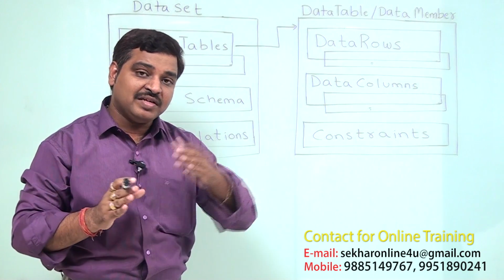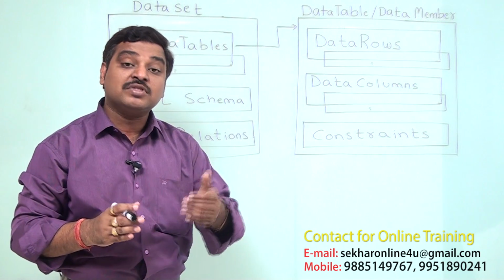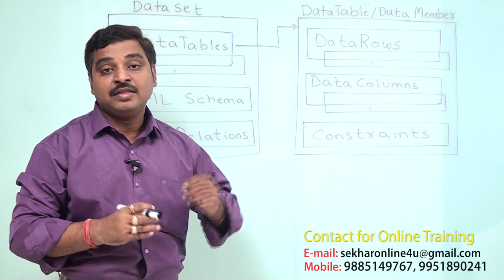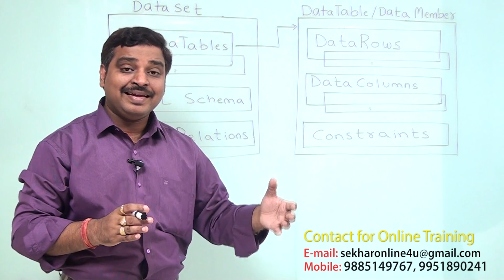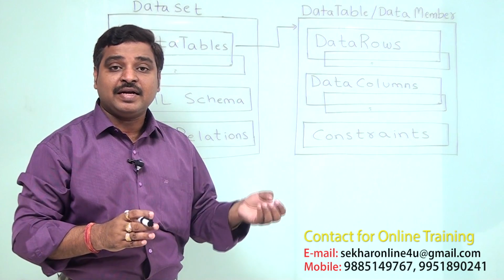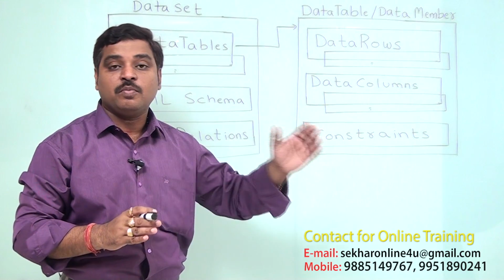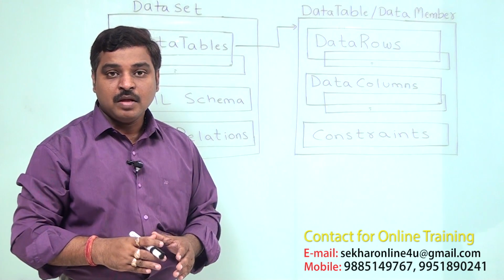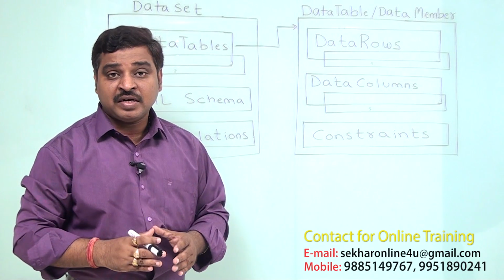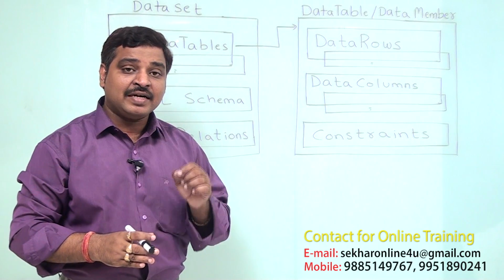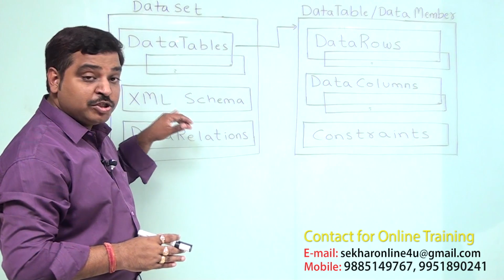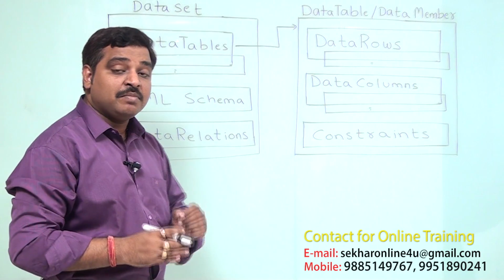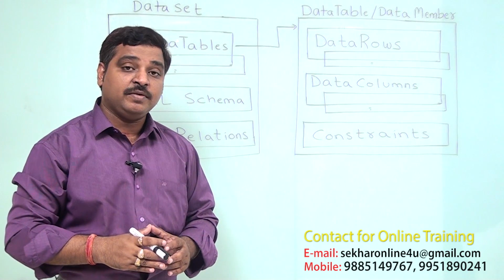So we can refer to the tables and its columns directly while writing the programs. I will be explaining in more detail what a typed data set is and how to access it programmatically. But as of now, just try to understand. When we say a typed data set, it maintains the information based on some XML schema definition file.